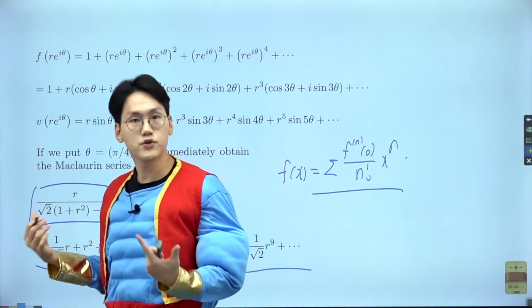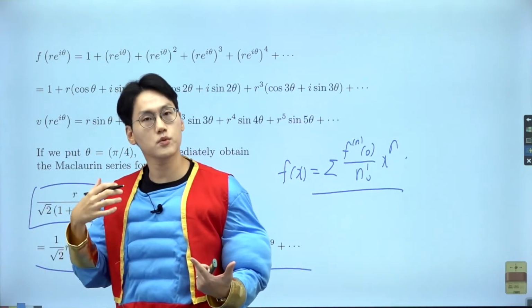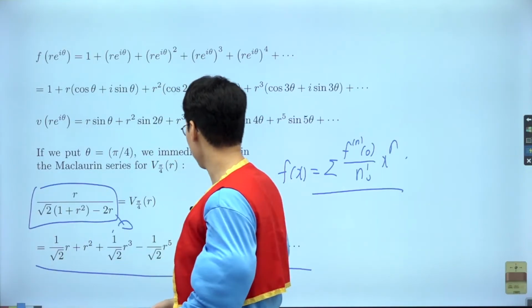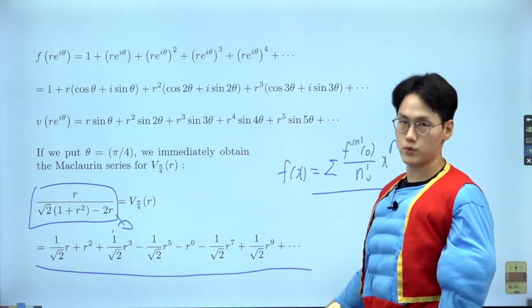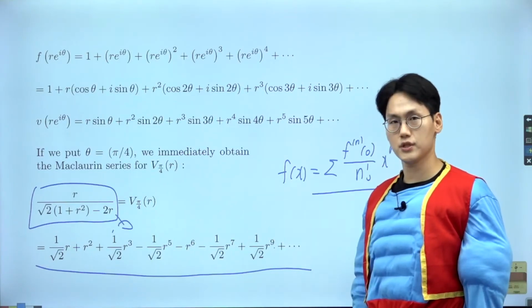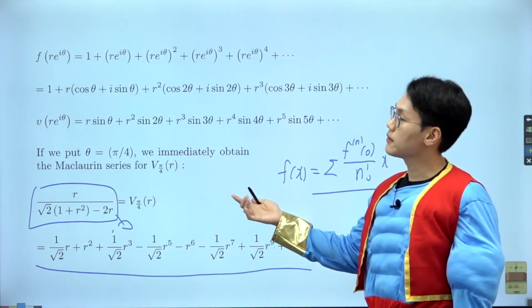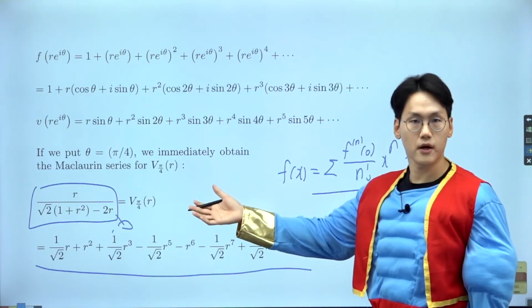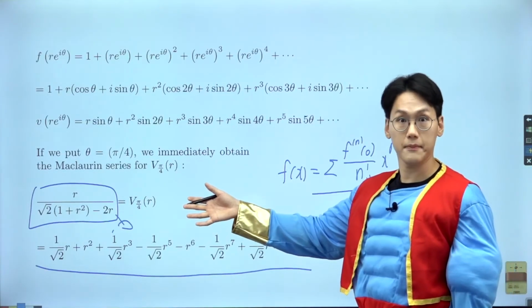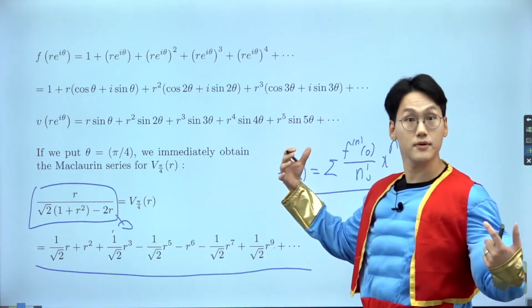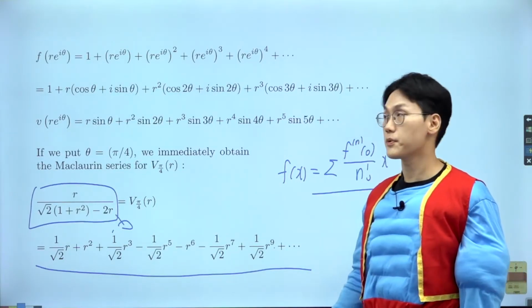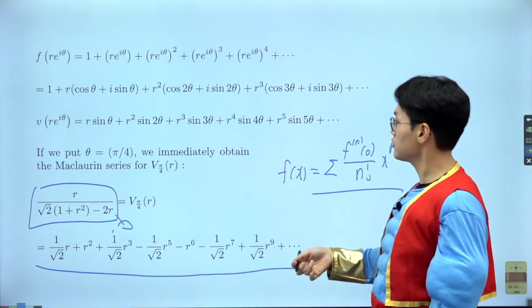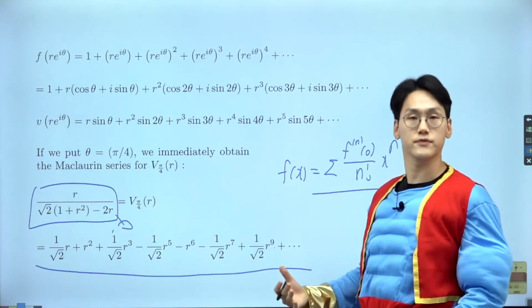To differentiate, you have to use the quotient rule repeatedly, which is very complicated. Not only that, if I wanted to find the coefficient of r to the power of 9, I had to differentiate 9 times. Using the quotient rule just once was already a hard task, but if I do it many times, as the powers get bigger and bigger, it will be a very painful experience. But now you can see, using this geometric series, things can be solved way more beautifully, right?